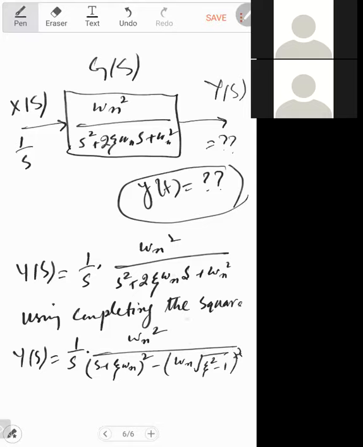So now, in the denominator we have a square minus b square, which can be rewritten as a plus b multiplied by a minus b using this formula.